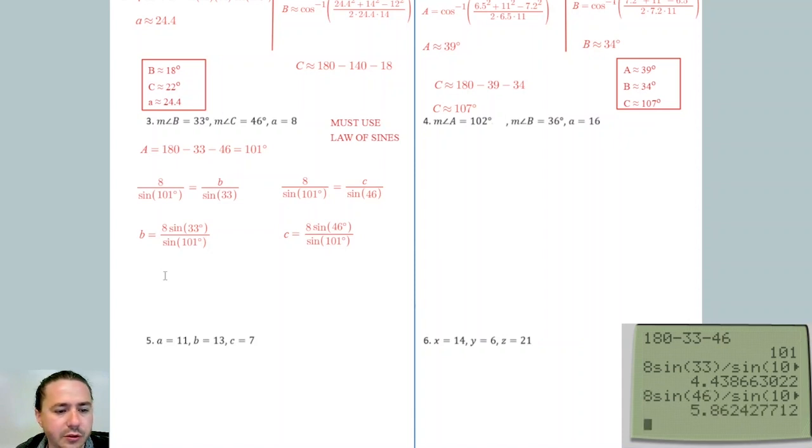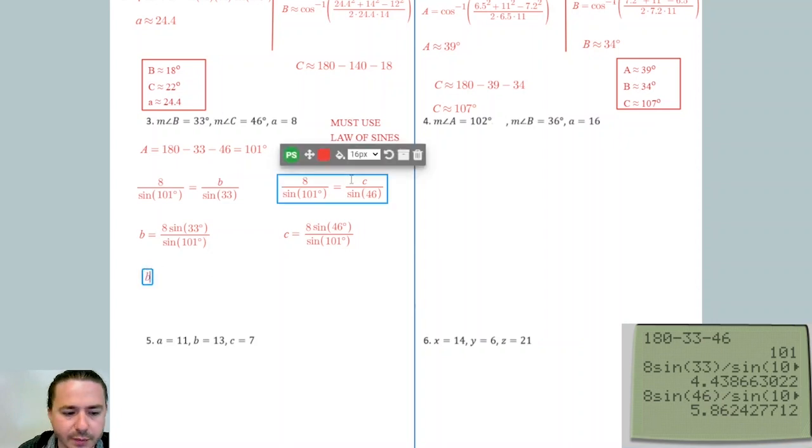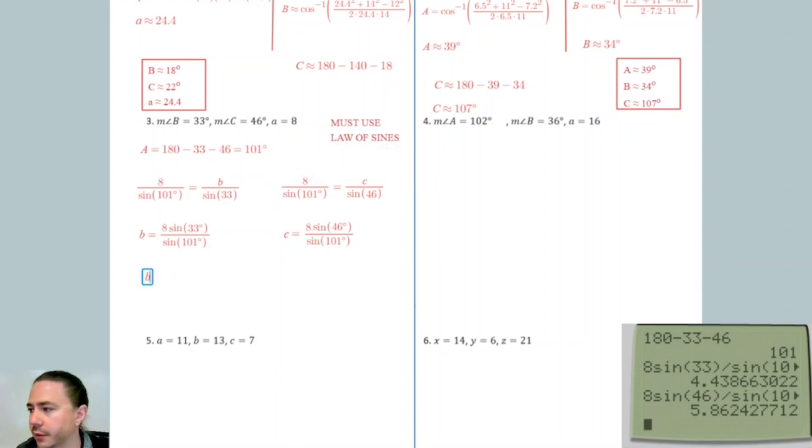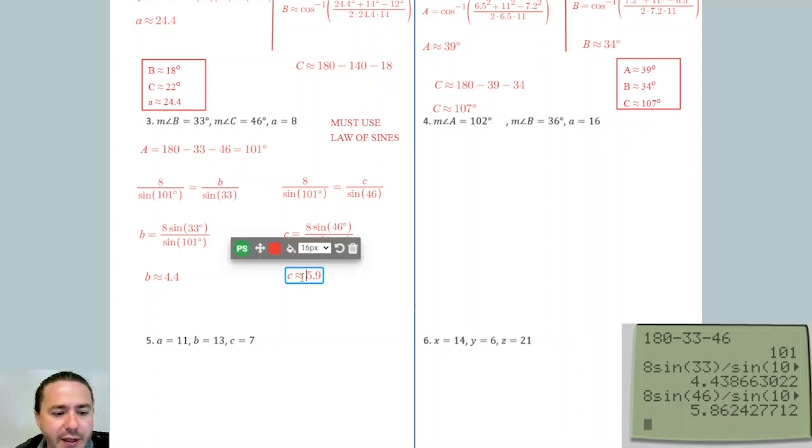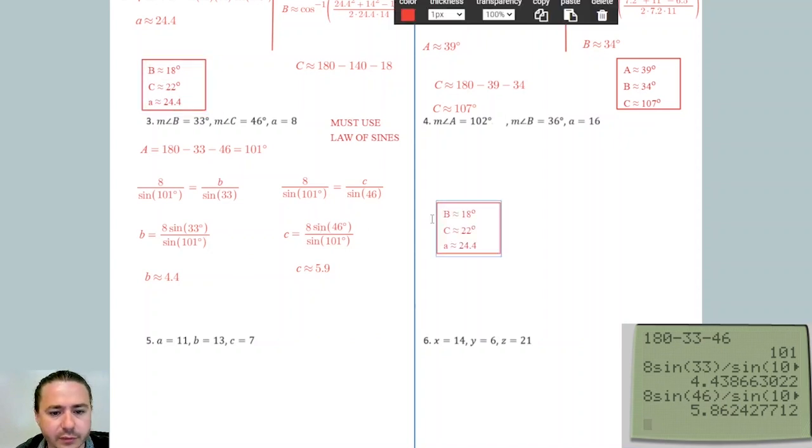Okay, so side B is approximately 4.4, and then side C is approximately 5.8, and there are your side lengths. So that's number 3. Got to use law of sines on that one.